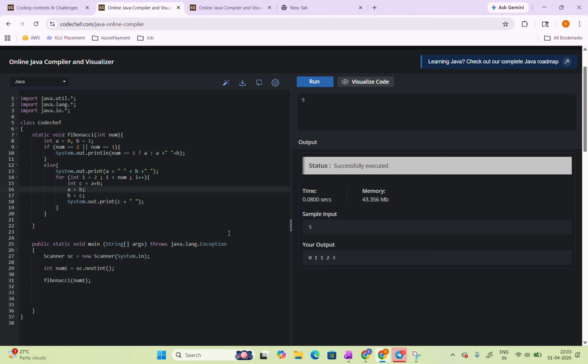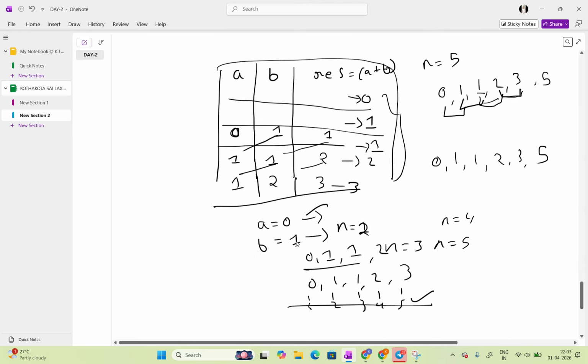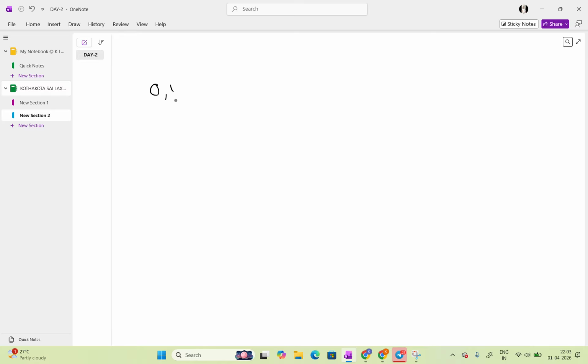So I think you got good clarity on what we are doing. We are just making a sum of the previous numbers and placing it. In much more detail, suppose initially 0 and 1 are there, 1 plus 0, it will be 1, and the next number will be the sum of these two numbers, so it will be 2, and the next number will be 1 plus 2.